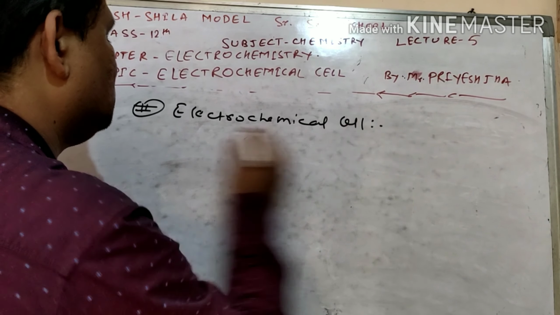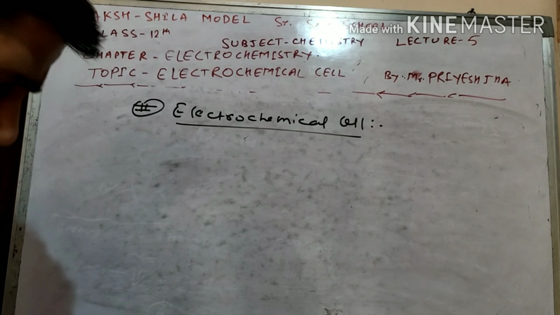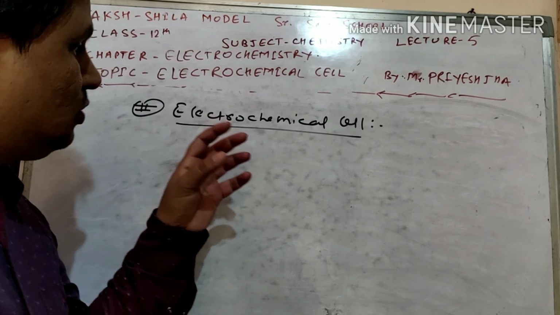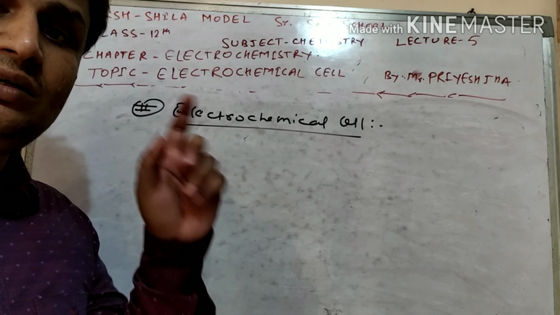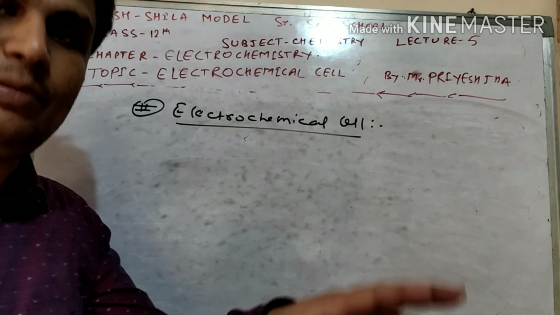Electrochemical cell. Generally, what is an electrochemical cell? In the previous class, we discussed electrolytic cells. Electrolytic cells are those cells which convert electrical energy into chemical energy.